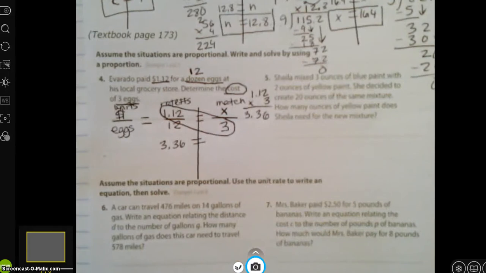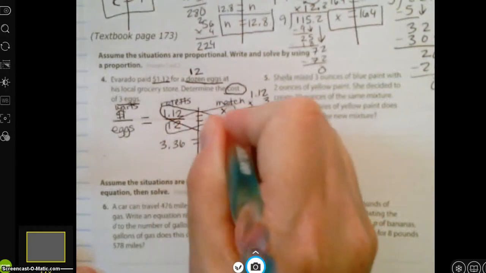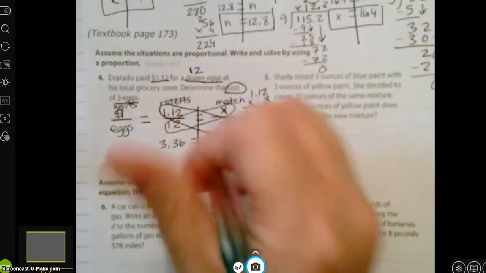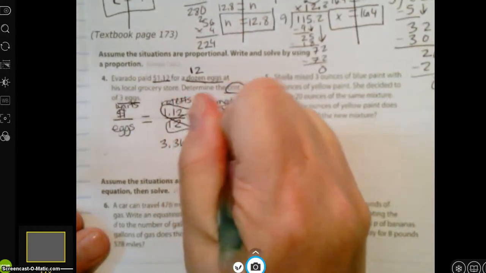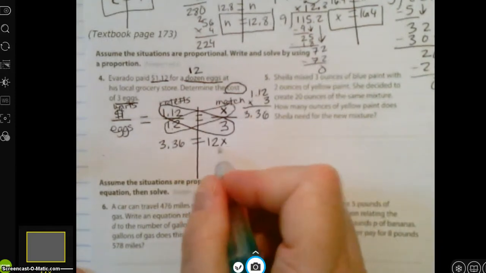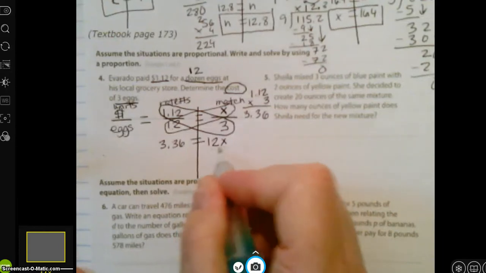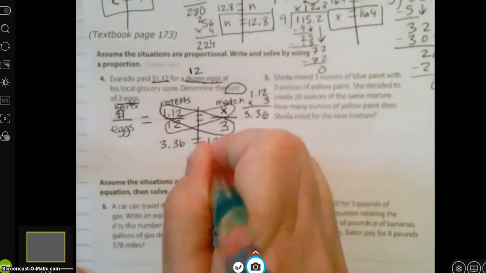And you probably know what we're going to do now, which is the other side, and we multiply 12 times x. So we divide because I have a number next to a letter. A number next to a letter means multiply. To get rid of it, we do the opposite, which is divide.